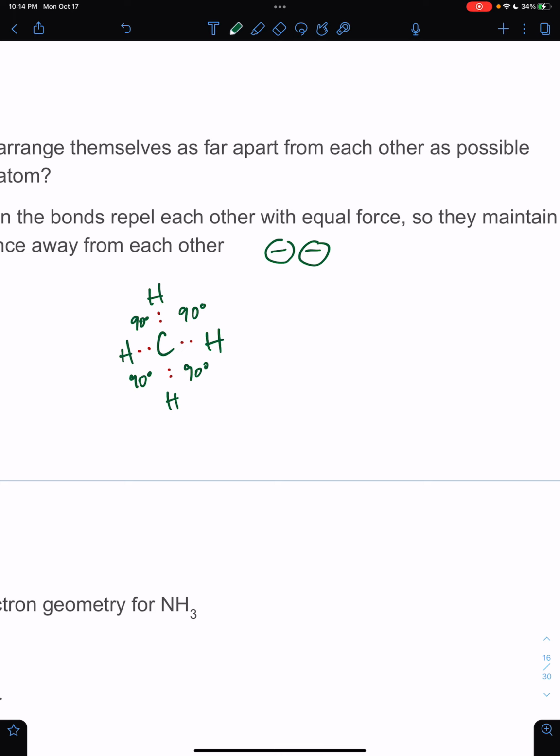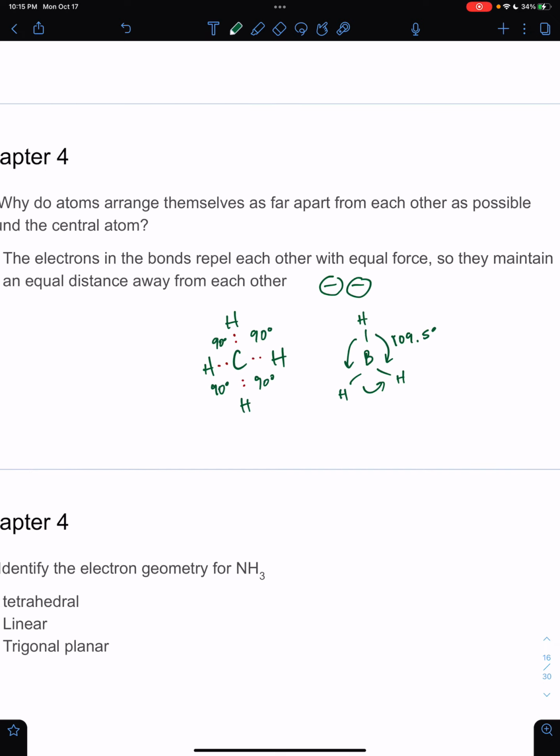You could do, so boron, 3 electron groups. So all of these groups are going to be the same angle away from each other. I think it's like 109.5 or something like that. So since they're repelling each other with the same force, they're all going to be the same distance away from each other, if that makes sense.